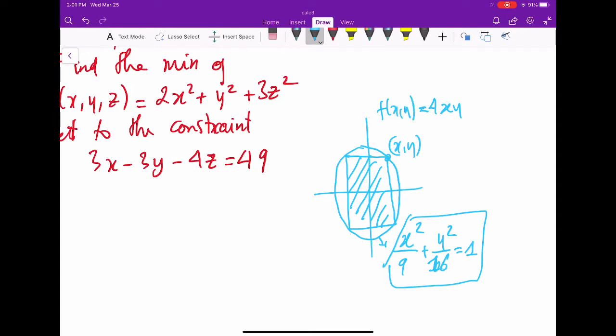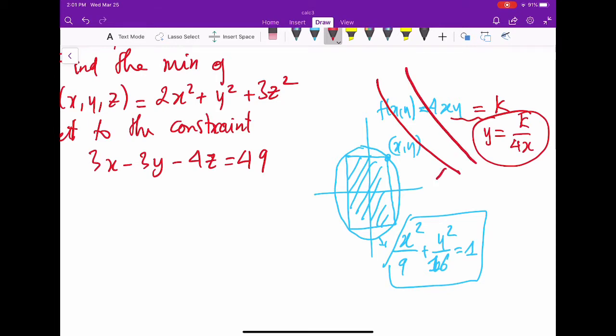And we already discussed that in this case, partial derivatives will not help. But we consider this problem from the point of view of level curves. So I will consider different level curves of this function. These level curves are nothing but hyperbolas, y equal to k over 4x. So those curves look like this.